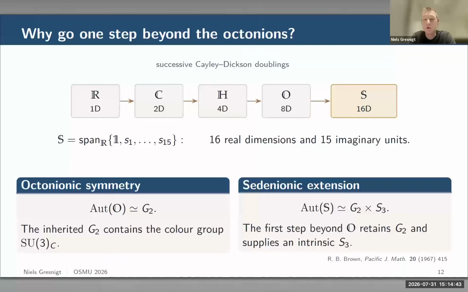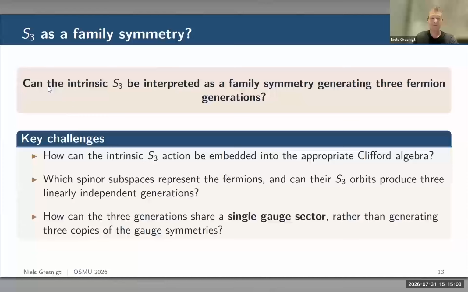Now, if you look at the automorphisms of the sedenions, then again, you just get this G2 group, but you also get this extra factor of the discrete group S3. And so the question I've been asking is if we can use this S3 to motivate the existence of 3 generations. So the question then is, well, how do we exactly do that?